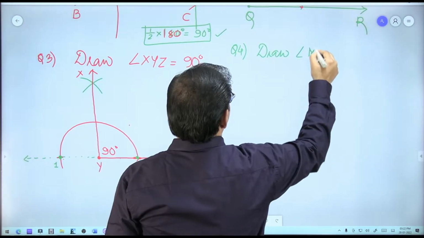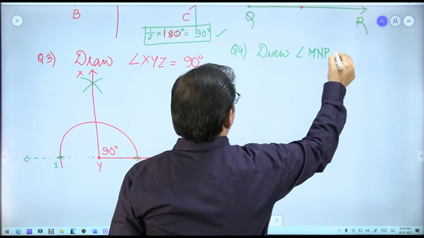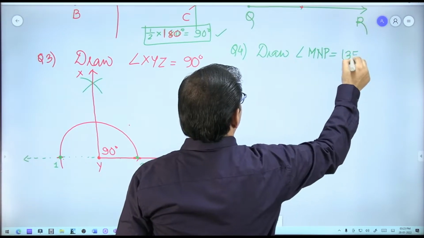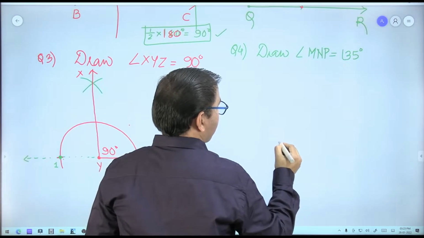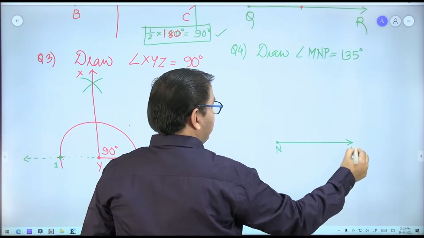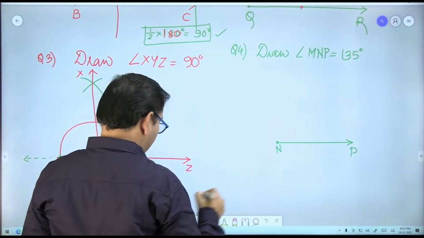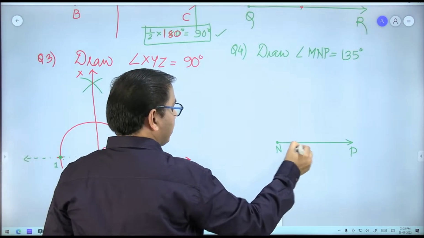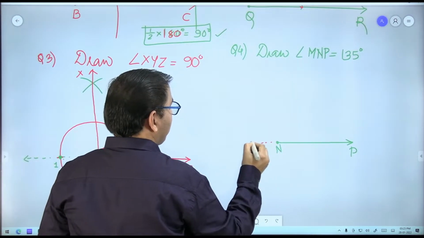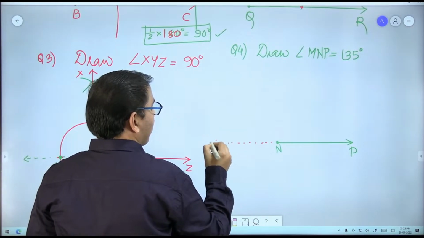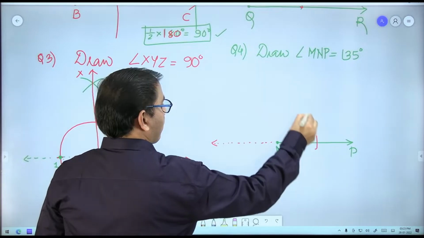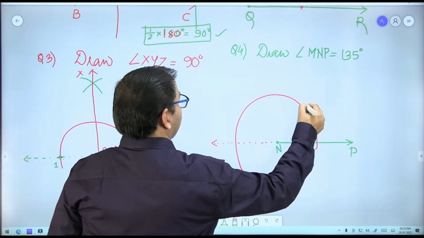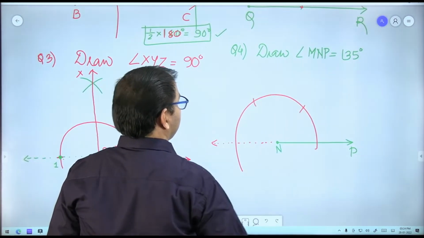Let me take MNP equal to 135 degree. Again I start with a ray. This ray is NP, right? Then what I will do is the backward extension and I will be drawing a semicircle like this. 60 degree and 120 degree.